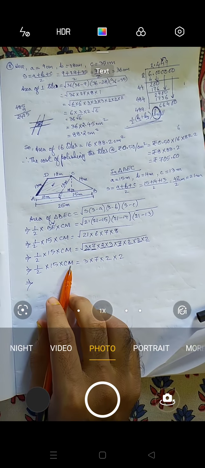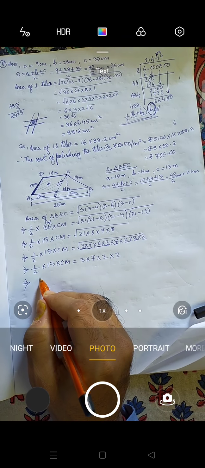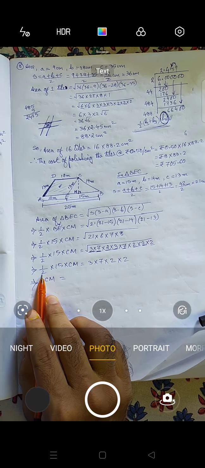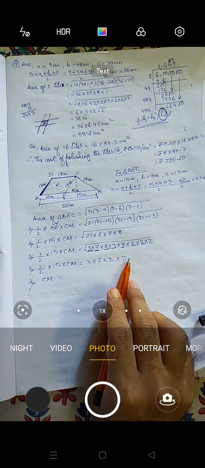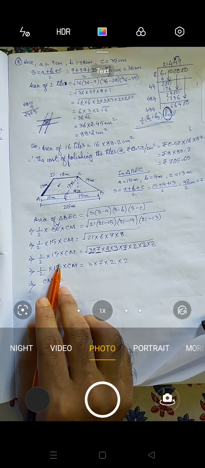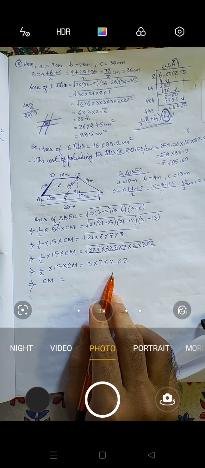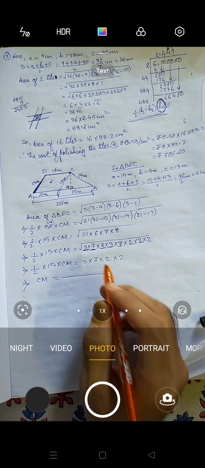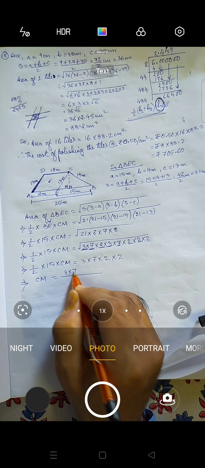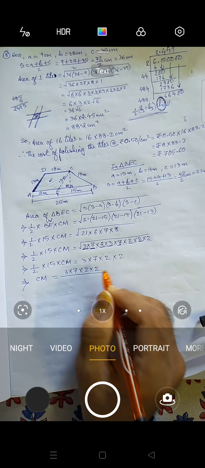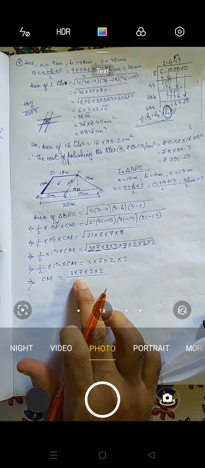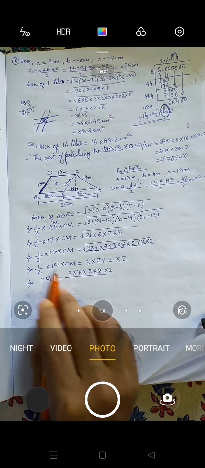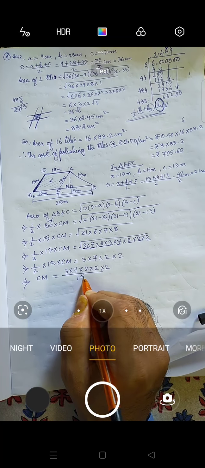Now we need to find CM. If something on the left hand side is divided, in the denominator, it will transfer to the other side and be multiplied. And what is in multiplication will go in the denominator. Are you getting it or not? That means 3 into 7 into 2 into 2. This 2 will come here and multiply, and this 15 will come here and be divided.